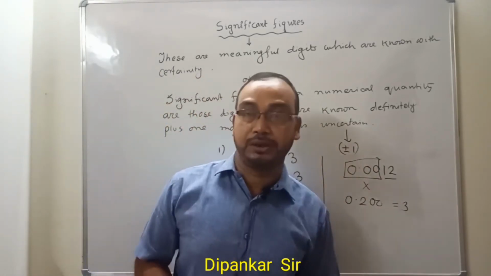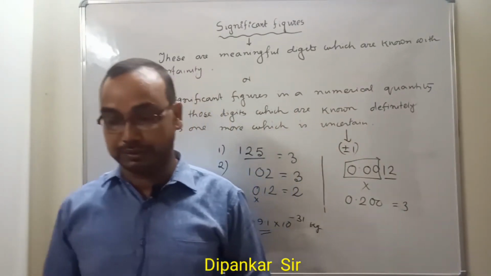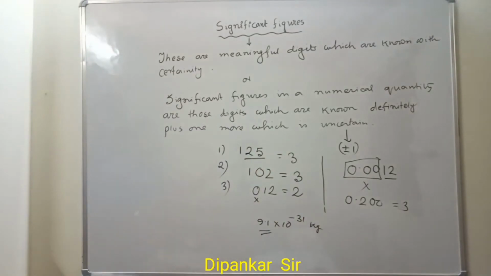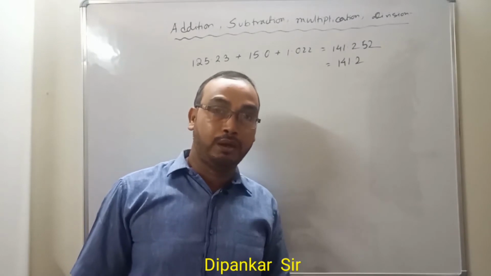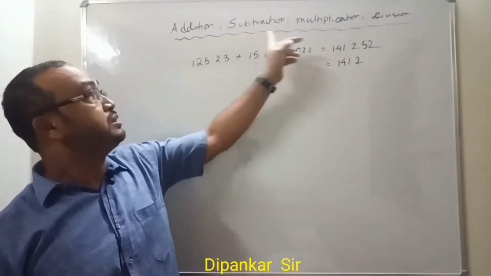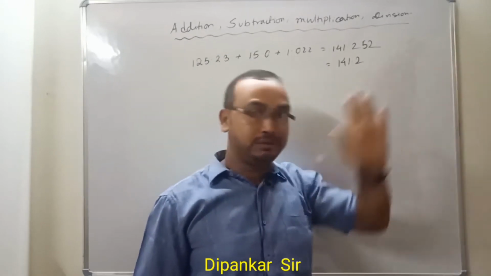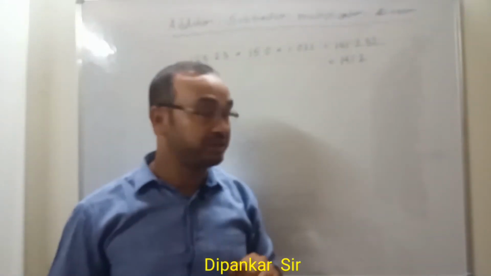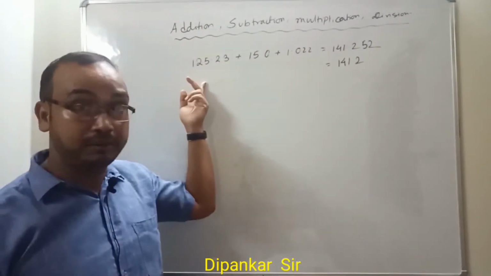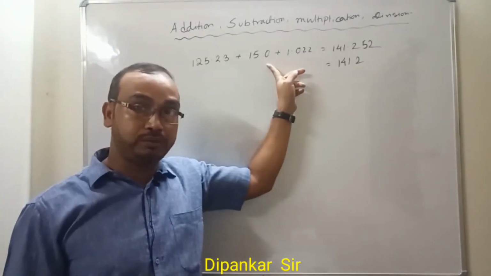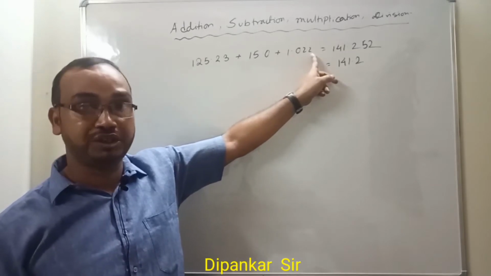Okay. Next, rounding of significant values. Before rounding off, there is another thing: addition, subtraction, multiplication, division according to significant figures. I have given one example for addition. 25.23 has 4 significant figures, 15.0 has 3 significant figures, 1.022 has 4 significant figures.